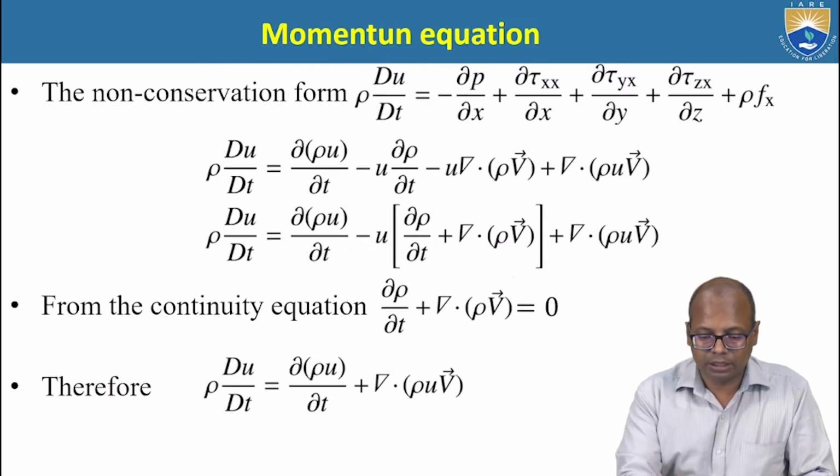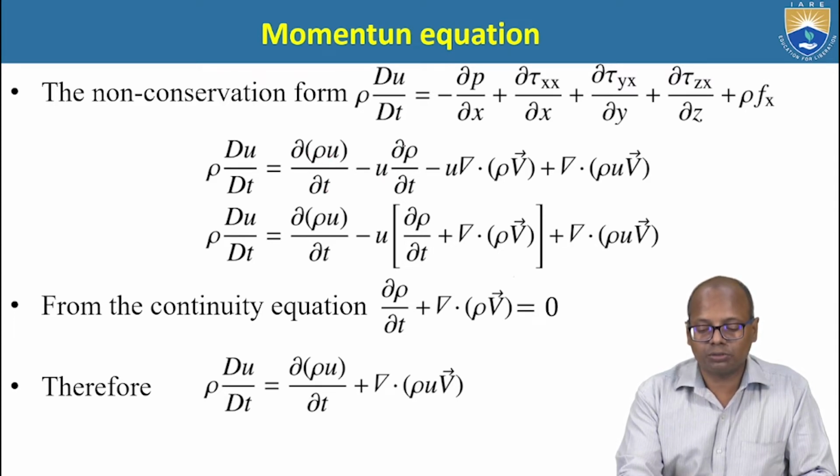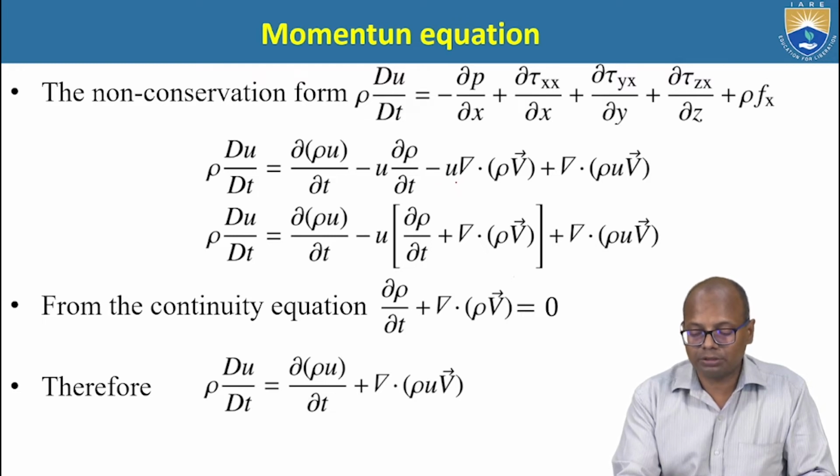If I put these 1 and 2 in this equation, what I will get is ρ Du/Dt equal to ρ ∂/∂t of (ρu) minus u ∂ρ/∂t, minus what I have previously, u ∇ · (ρV̄) plus ∇ · (ρ u V̄).